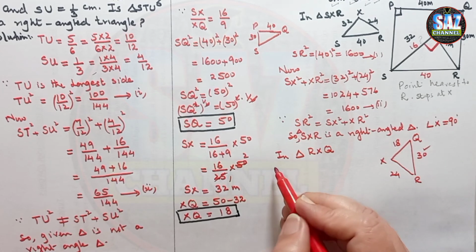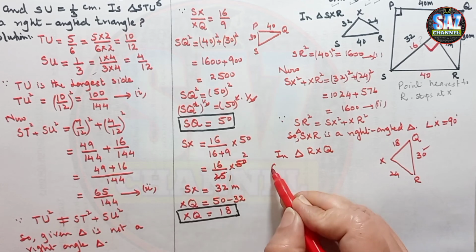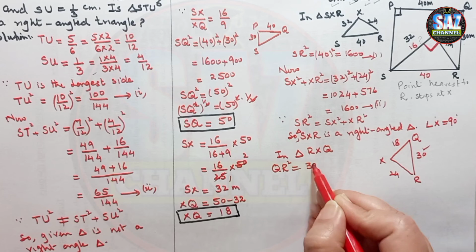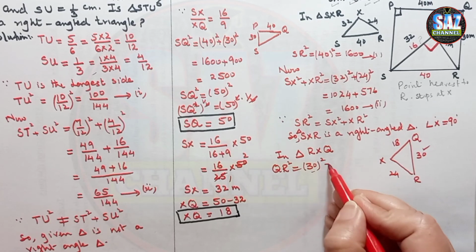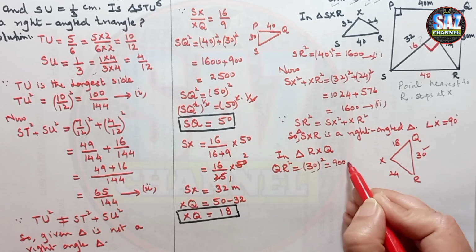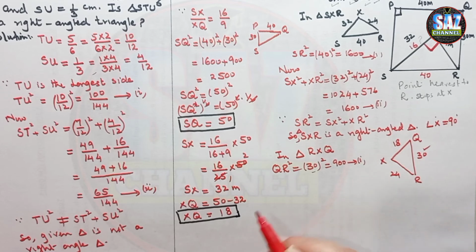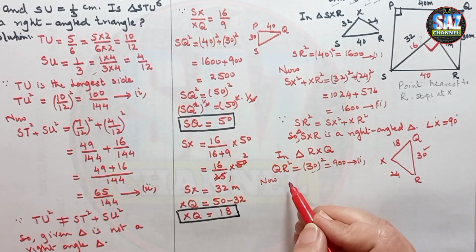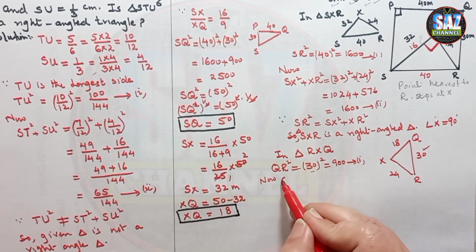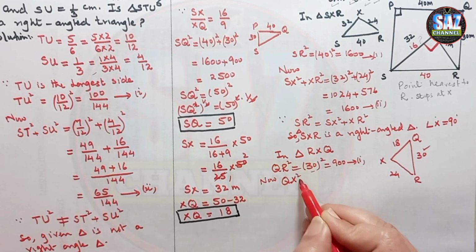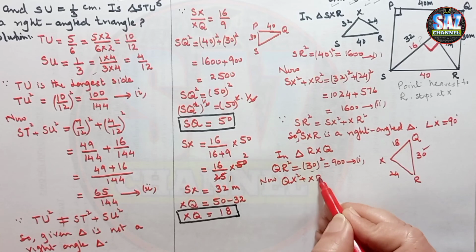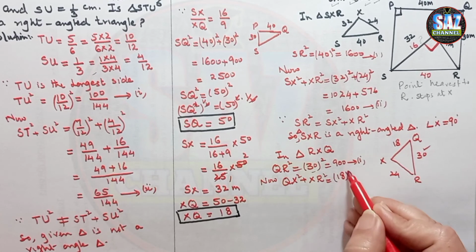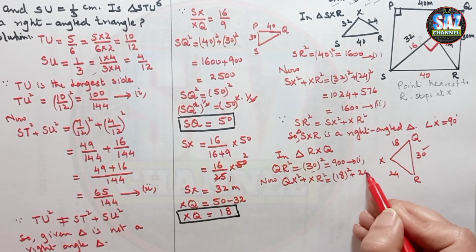Okay, now QR square equals 30 square, which is equal to 900. Let it be 1. And now what we have to do, that QX square plus XR square equals 18 square plus 24 square.